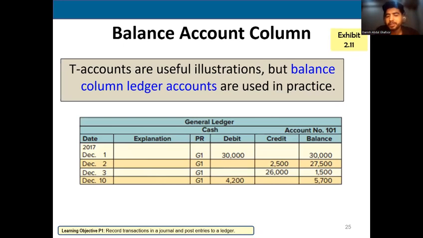This is how a general ledger looks. Date, explanation. Explanation will include the account head name, then debit amount, credit amount, and balance shows the difference of the debit and credit.